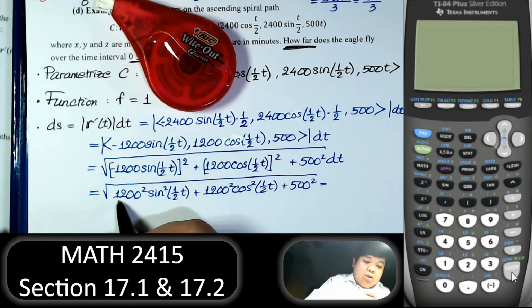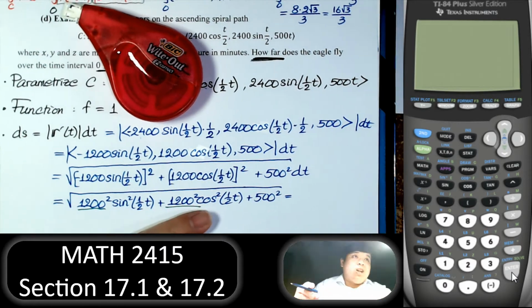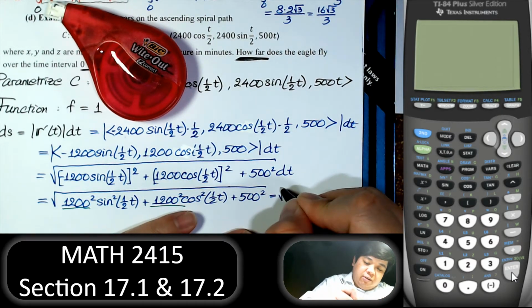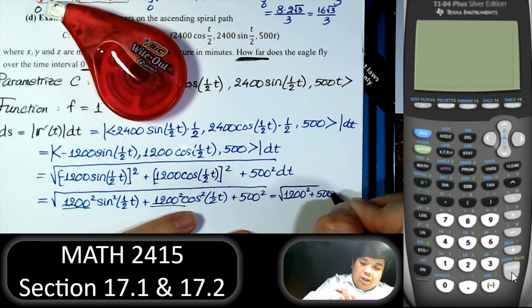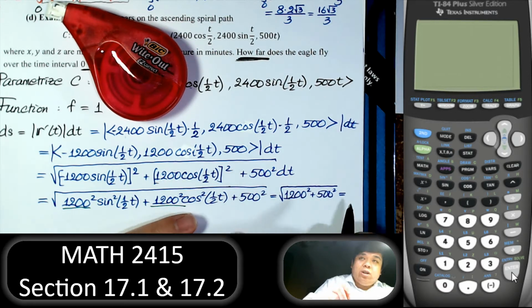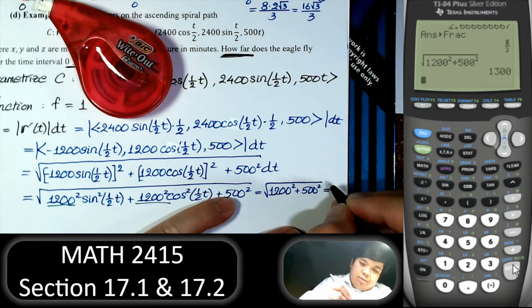We have sine squared plus cosine squared, which is 1. So we just have 1200 squared plus 500 squared, and the square root. That should be 1300. It is.